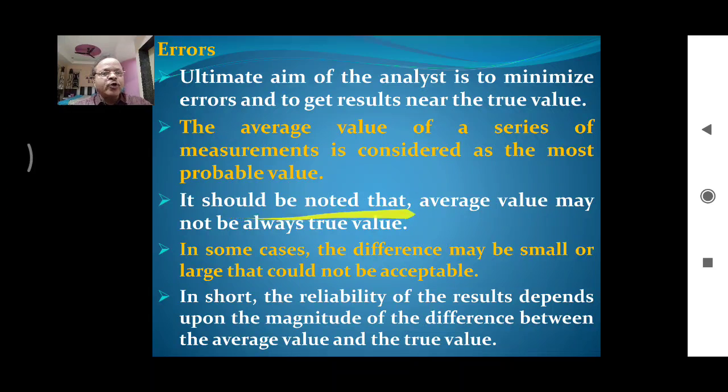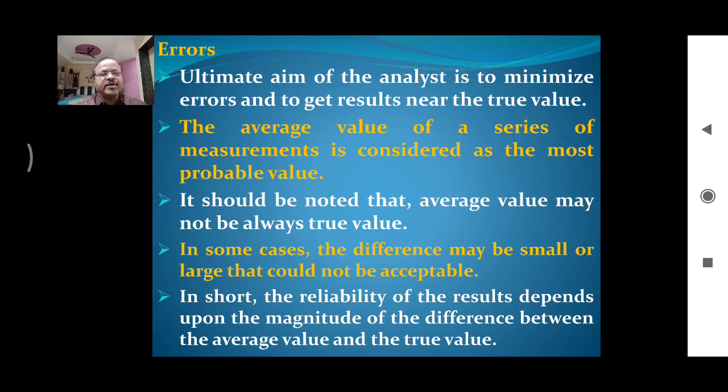It should be noted that the average value may not always be the true value. Generally we carry out one pilot reading and three other burette readings. Then, considering the three burette readings, we take the constant burette reading, or we find the average of these three readings.